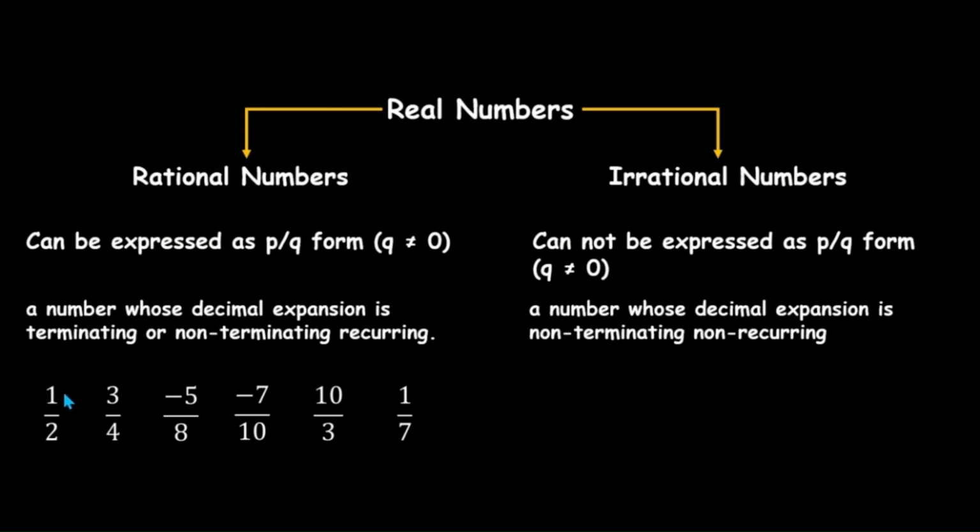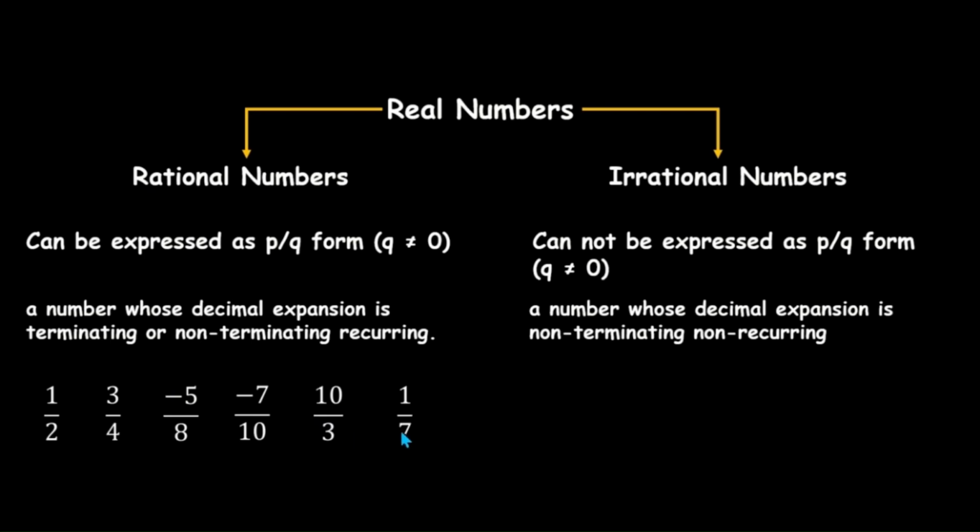That means that when we start dividing 1 with 2 or 3 with 4 and minus 5 with 8 and minus 7 with 10, the division ends. At some point of time, the remainder becomes 0 and the division ends. So their decimal expansion terminates.